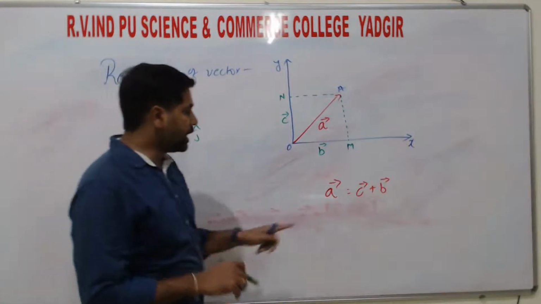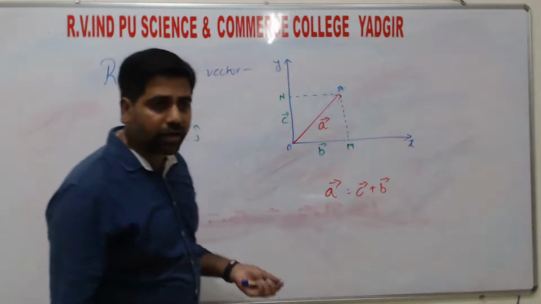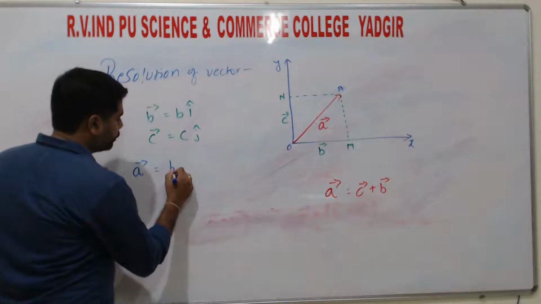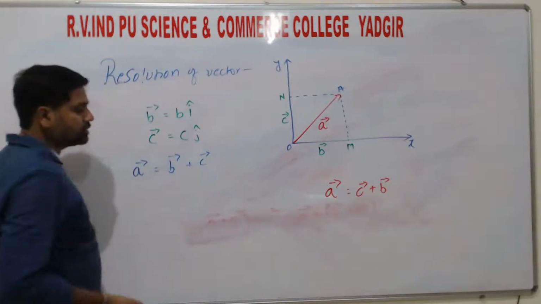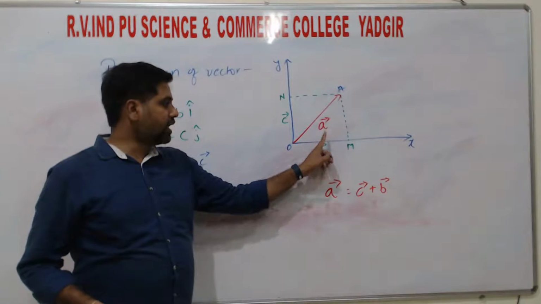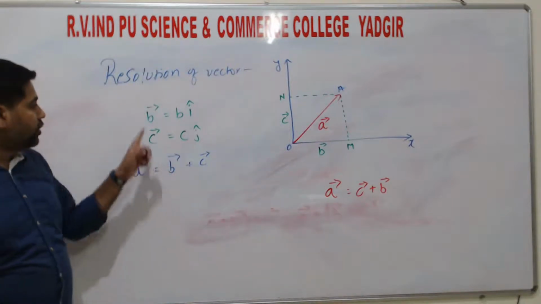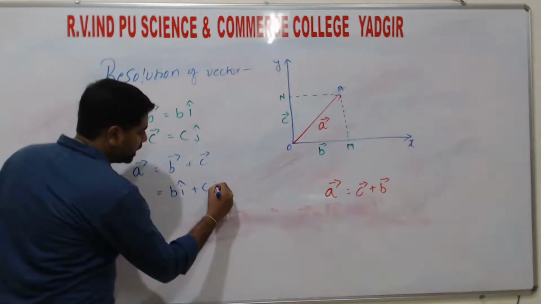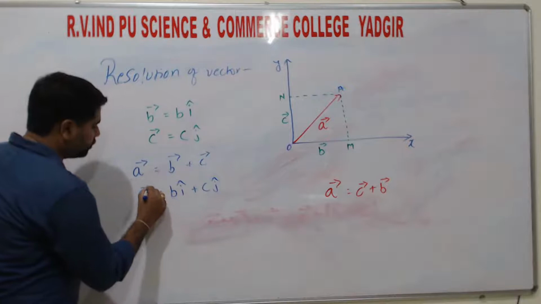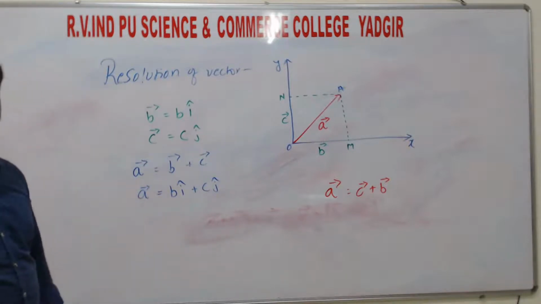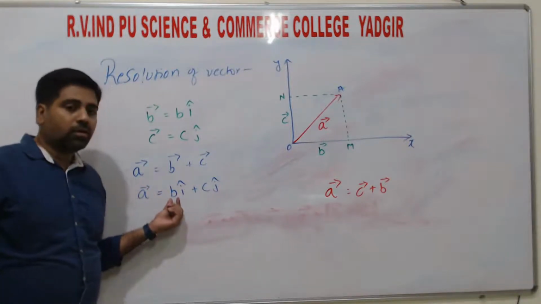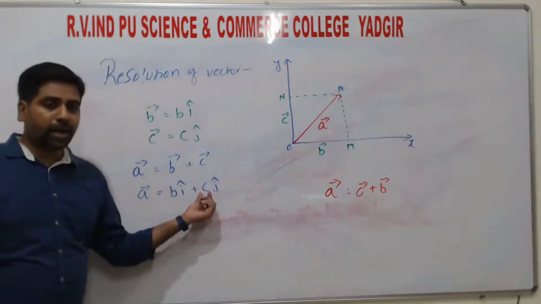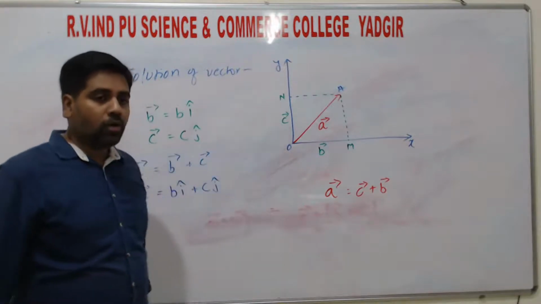As we wrote here, vector A is equal to vector B plus vector C. So we are splitting vector A into vector B plus vector C, that is B into i cap plus C into j cap. This one is the vector A, where B is the magnitude of the rectangular component OM and C is the magnitude of the rectangular component ON.